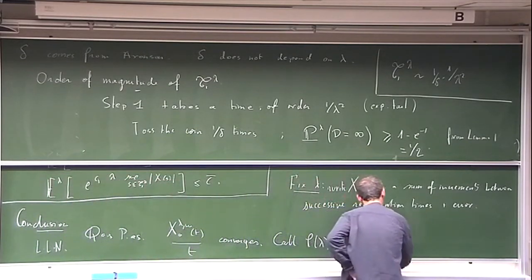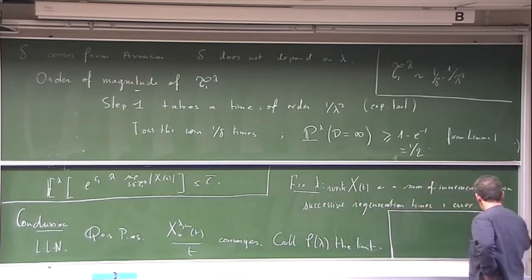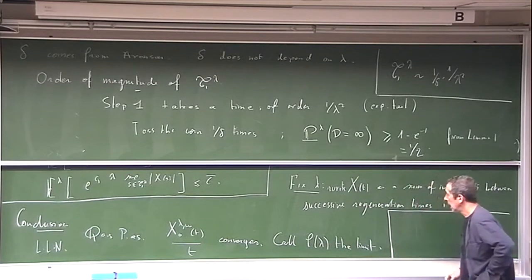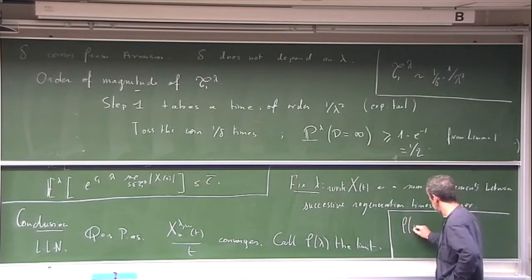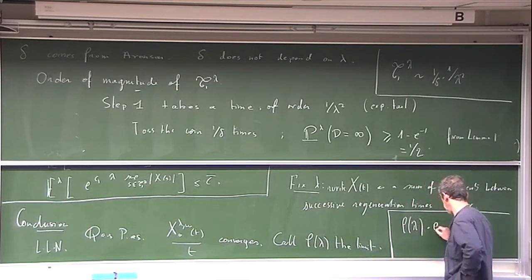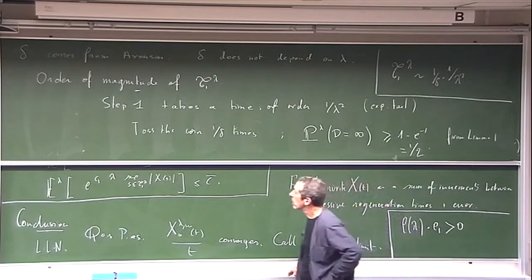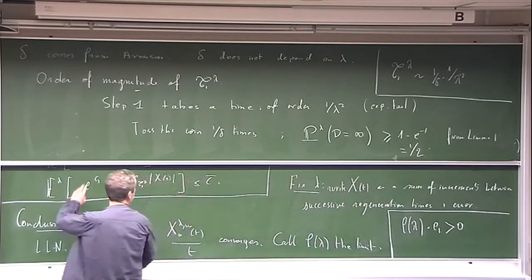And actually, it's also easy to check from the two lemmas, 1 and 2, that L of lambda is not 0. In particular, L of lambda in the direction E1 is positive. So I want to write one expression.